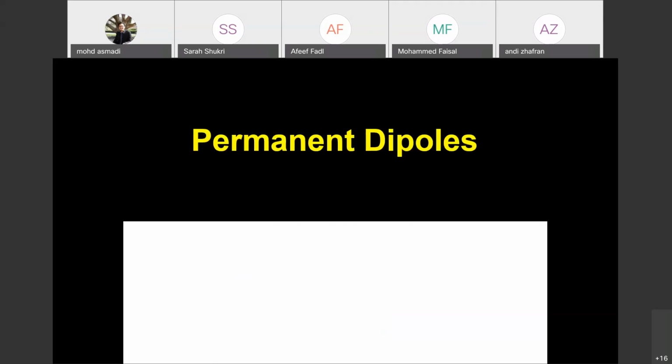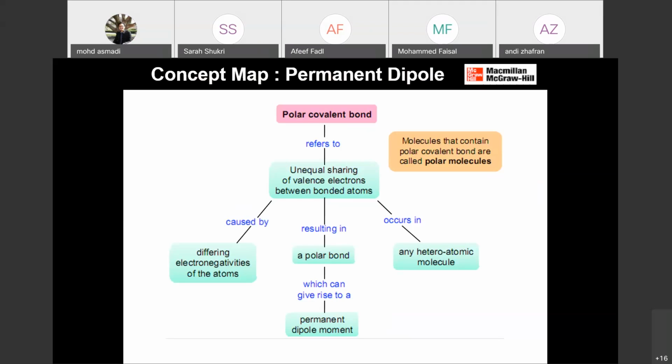Permanent dipoles, polar covalent bonds, refer to the unequal sharing of the valence electron between bonded atoms, caused by the different electronegativity, resulting in a polar bond which can give rise to permanent dipoles occurring in heteroatomic molecules.